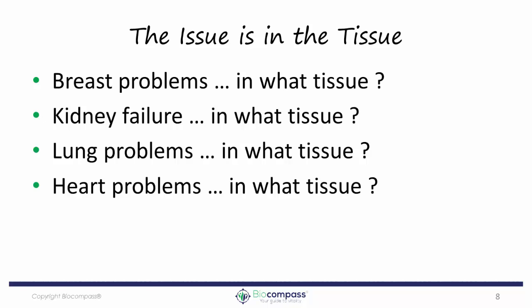So the most important part, and that differentiates BioCompass from any other system out there, is we look at the embryological root layer of the tissue that is actually reacting. For example, the skin has many different tissues. They react to different themes, to different issues, and in different phases. So one of the first steps in working with it is to focus on the tissue. The issue is in the tissue.